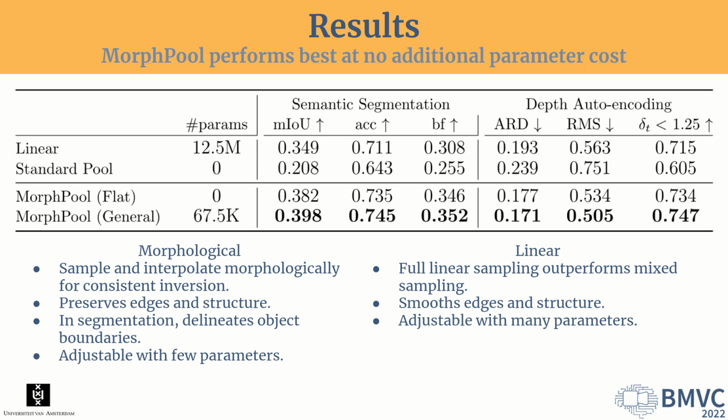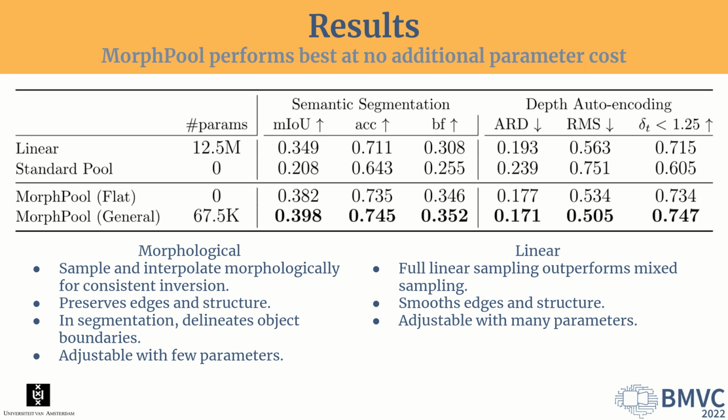In the second column, we denote the amount of additional parameters required by the methods. In the third to fifth columns, we denote performance on the semantic segmentation task, and note especially the fifth column, in which we denote the boundary F1 scores, which measure the performance at semantic boundaries. And in the sixth through eighth columns, we show the performance on a depth autoencoding task.